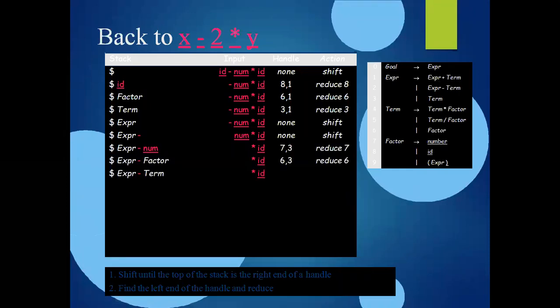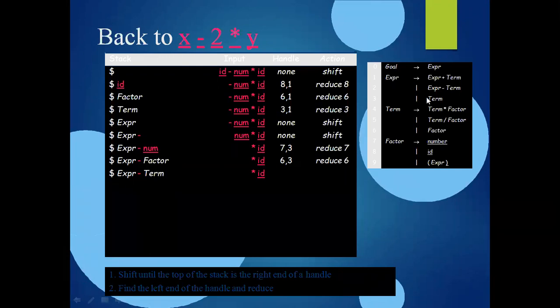See here, reduce. Factor tends to number is the 7th rule, right? In the place of num, replace factor and reduce this factor by 6. 6 means term tends to factor. Now in the place of this factor, just replace it by the term.